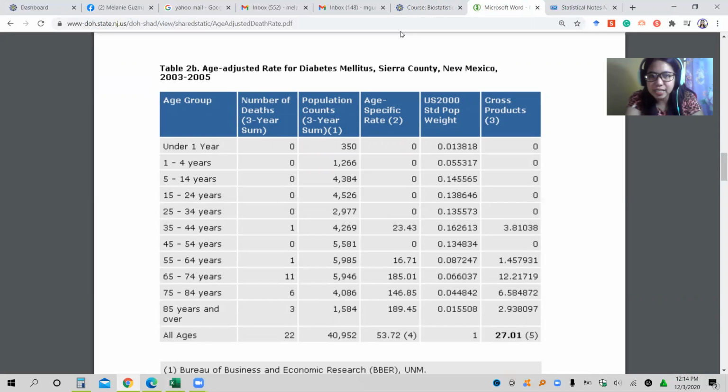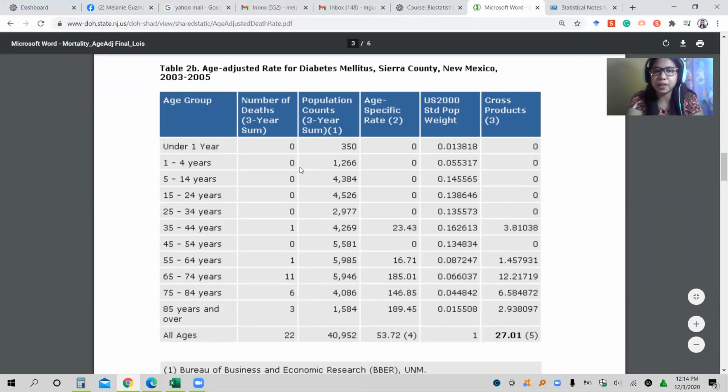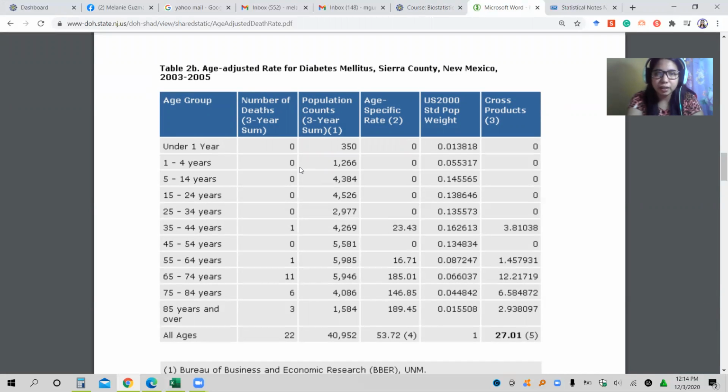As you can see here, when we computed the value of our death rate, this is the age-specific death rate, because of course we have here under 1 year old, 1 to 4 years old, and so on and so forth.